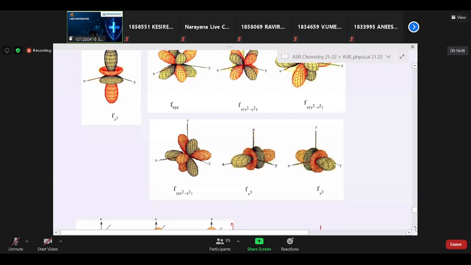There are two kinds of orbitals called gerade and ungerade. Use the same convention and copy this left side diagram also.